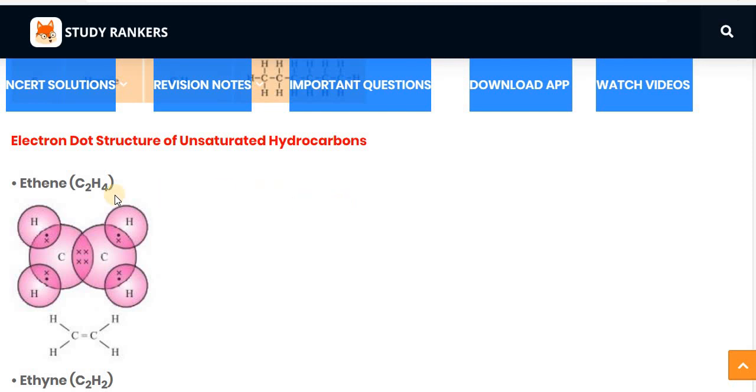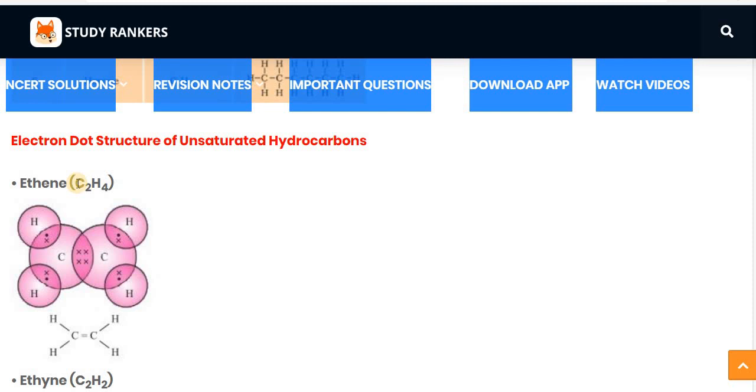As we saw previously, for a double bond the suffix ene is used, for example ethene. Here there are two carbons, that's why it is known as ethene.